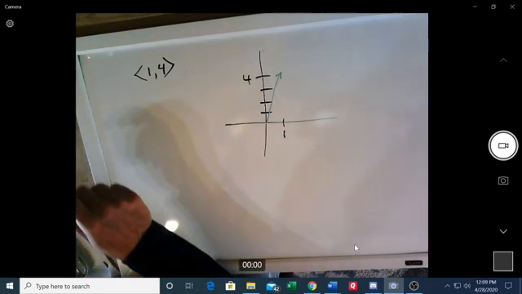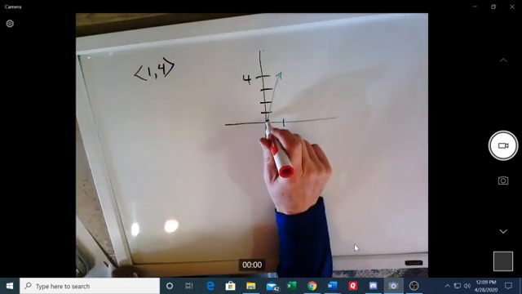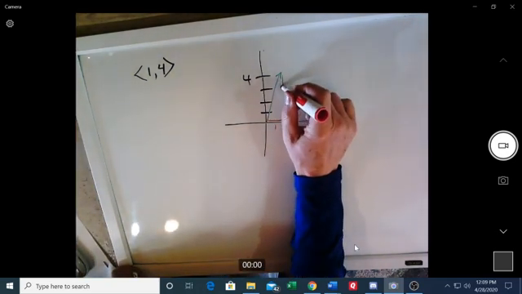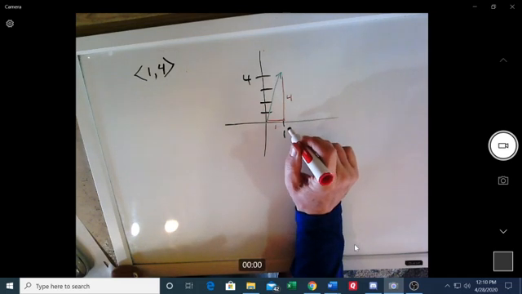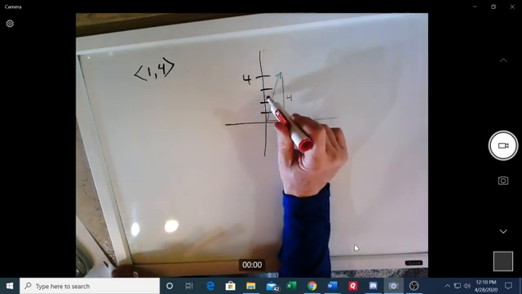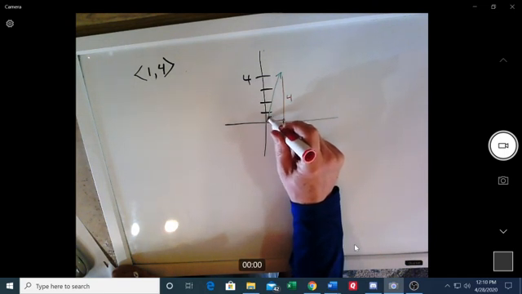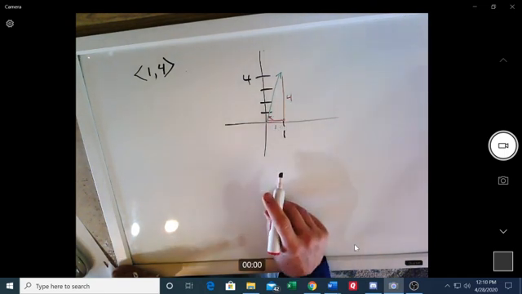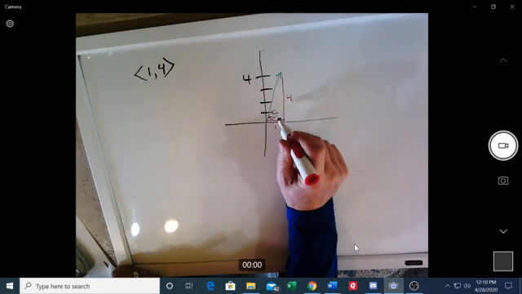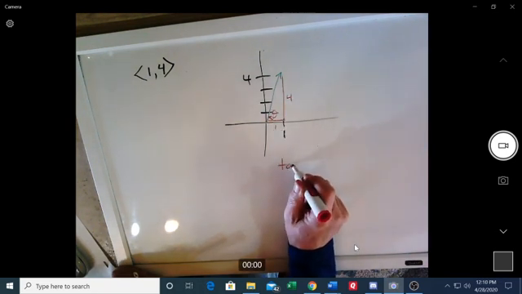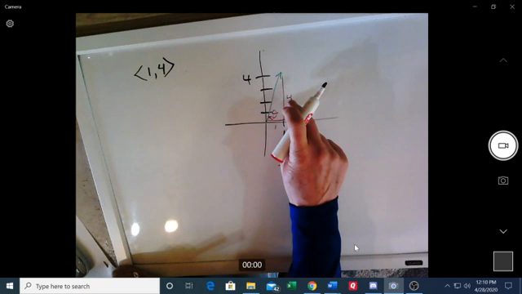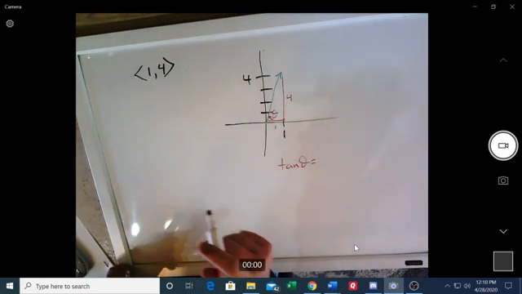Well, this is pretty easy. This is 1, this is 4. So I use the Pythagorean theorem to get this. And then I've got to get this angle. Typically, for this angle theta, you take the tangent of it, because it has to do with these two that you're already given.